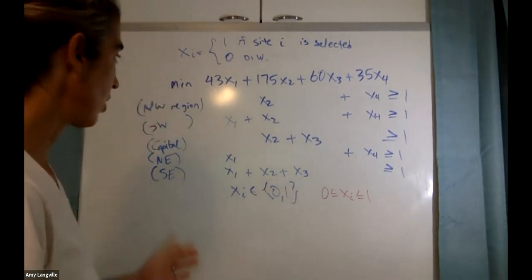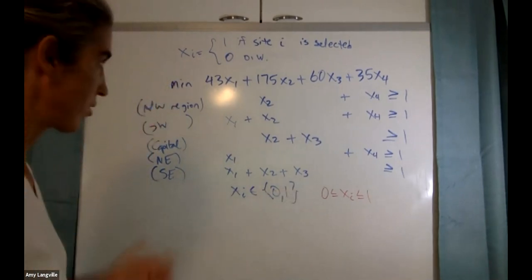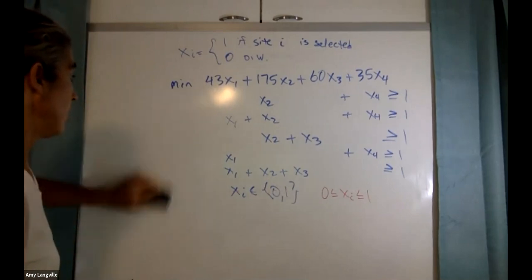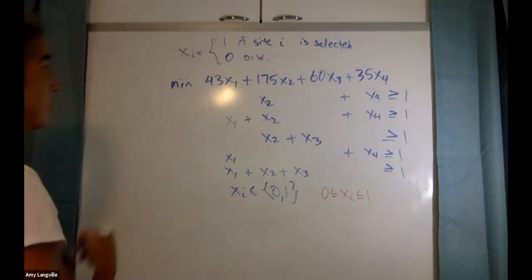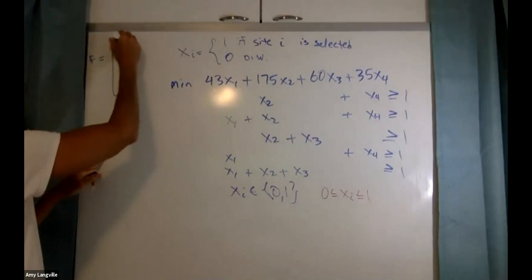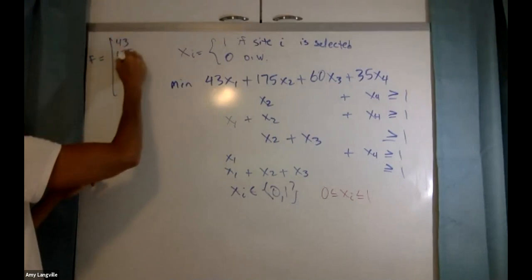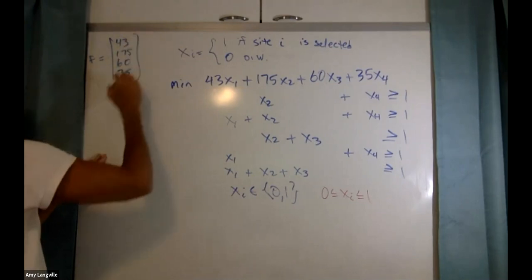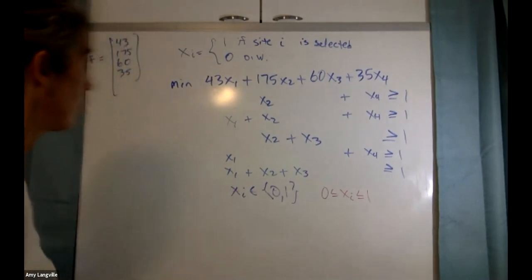Before we do that though, let's pull up some of the matrices that we need. Our objective function is the vector f, which is 43, 175, 60, and 35. What else do we have?